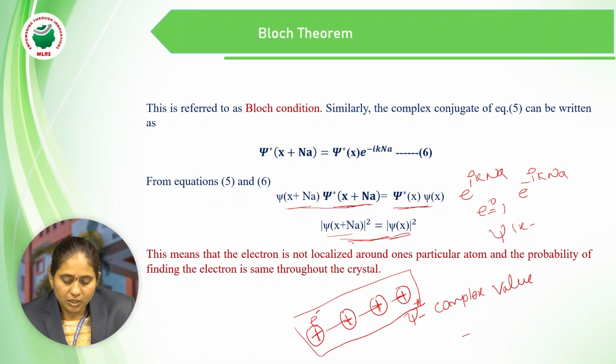So the electron can move freely inside the metal while maintaining the periodicity. This condition is known as the Bloch condition.